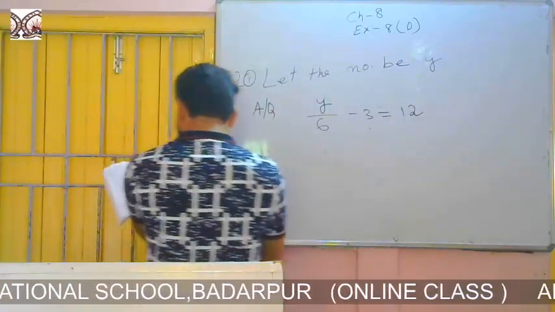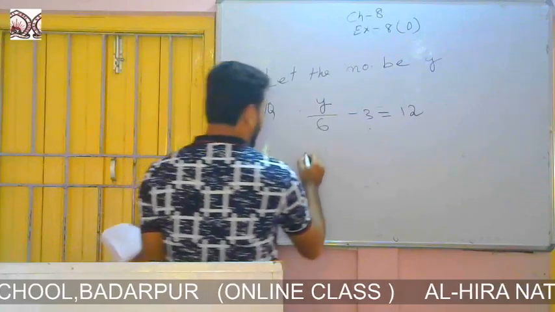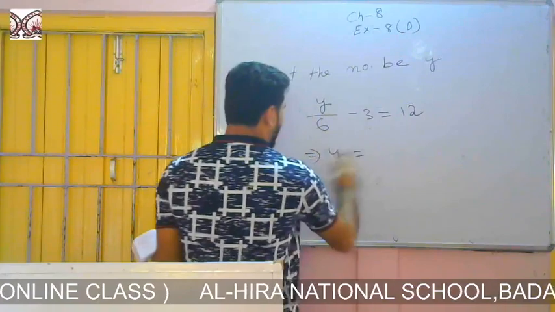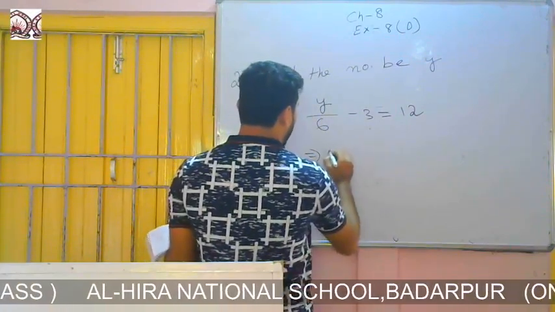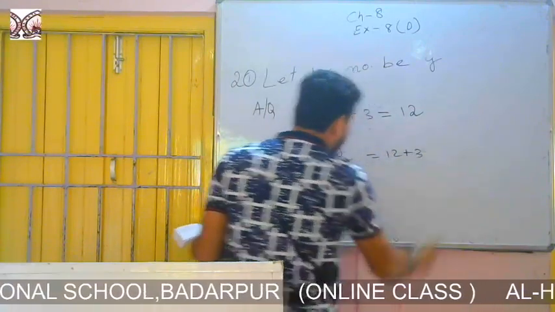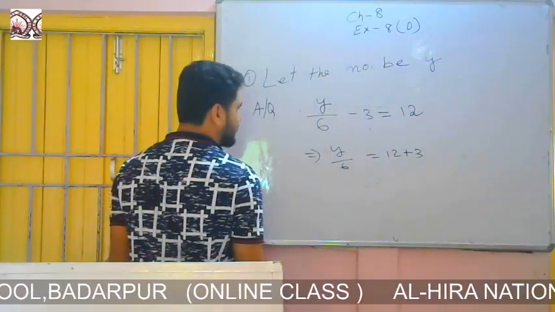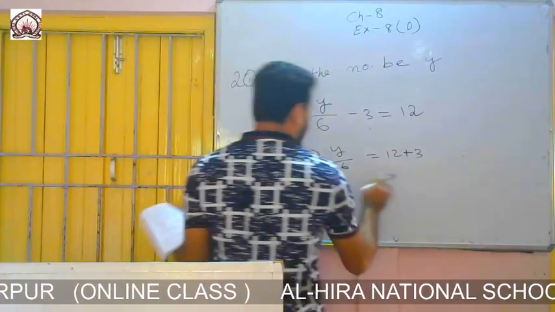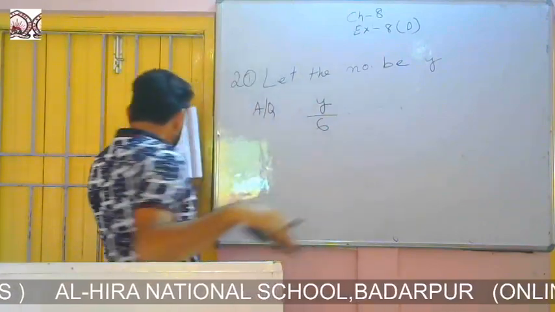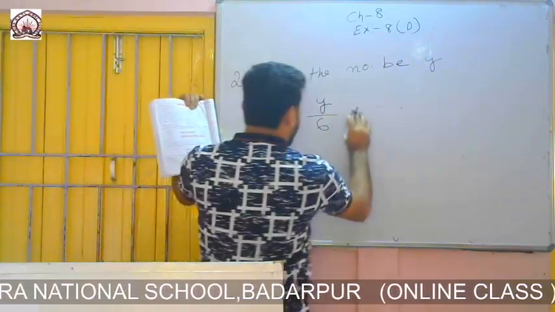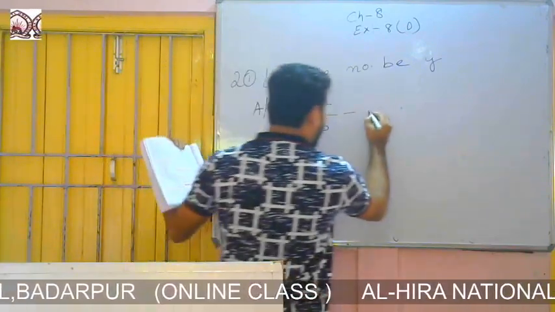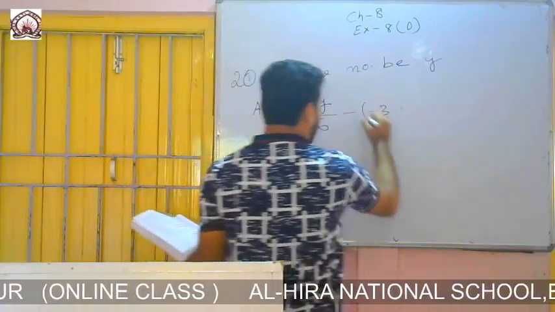Okay, then I have to find the number. Okay, then you can see y equals to what? Not directly y. You see y by 6 equals to 12 plus 3. Here you see one thing. Here you see minus minus 3. That means what? That is the minus said in the question, and what? Again minus 3. Okay, then I can put a what?